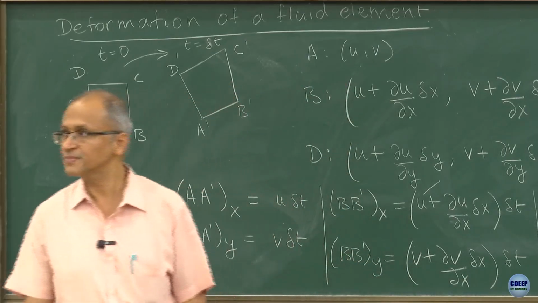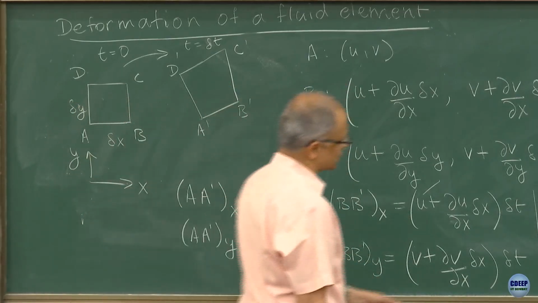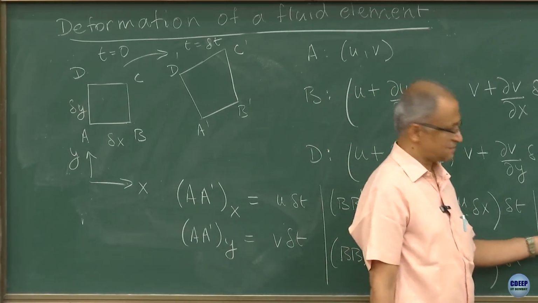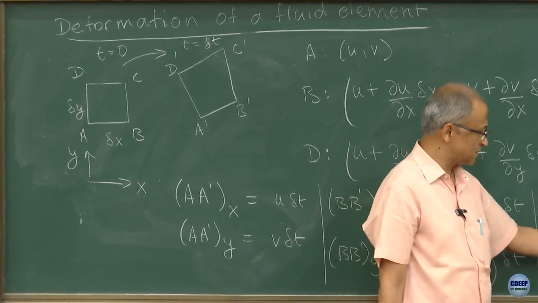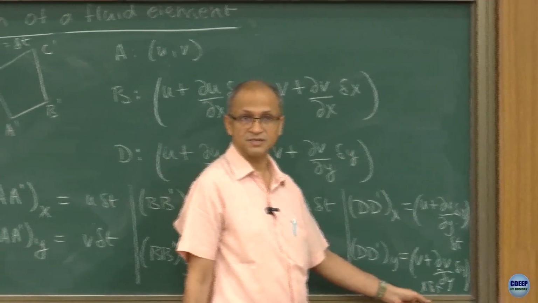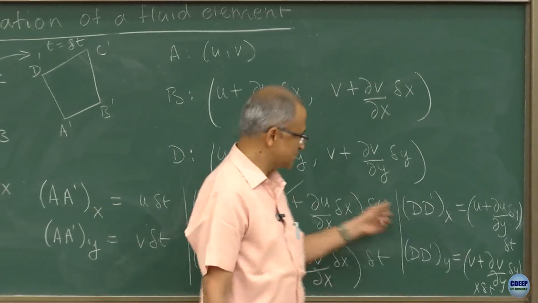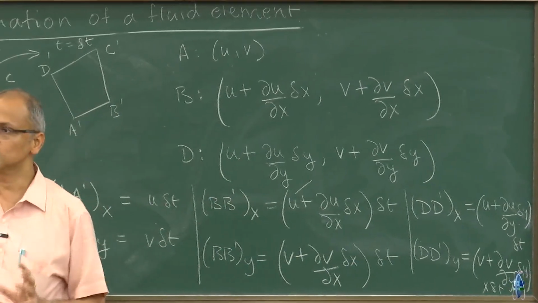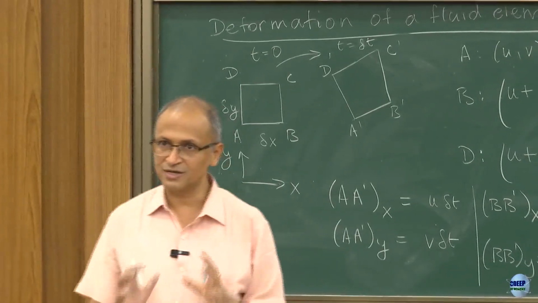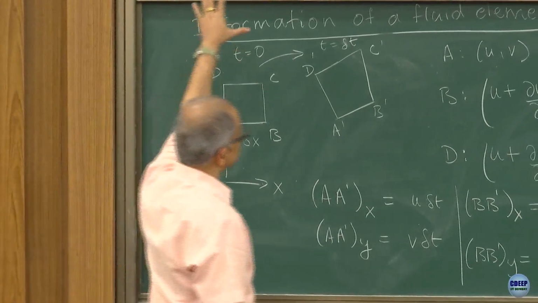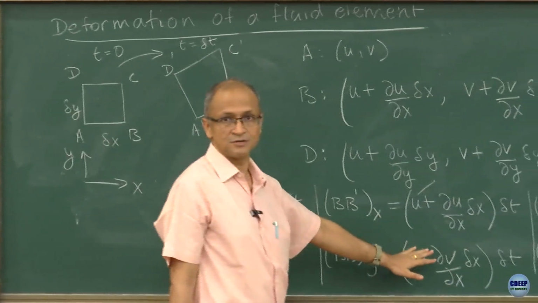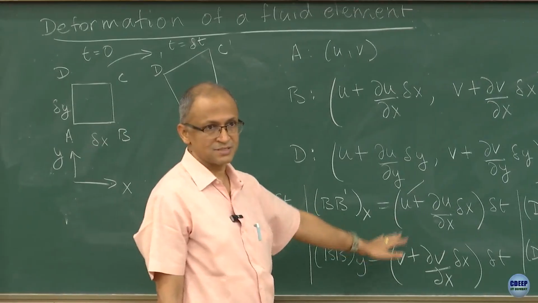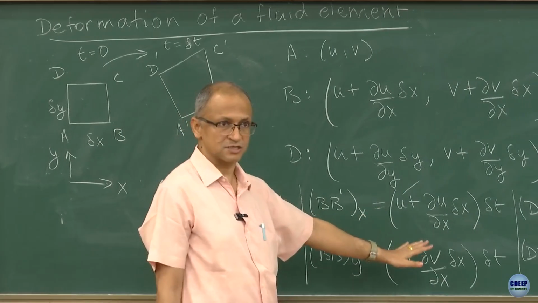Is this clear? Now when I look at point D, again I see u times delta t and v times delta t, so you can see that this is how much everything is translating. What we are doing now is trying to understand, from this physical picture, what the corresponding terms are that I am seeing here, and I can see this term very easily. This is the translation part.